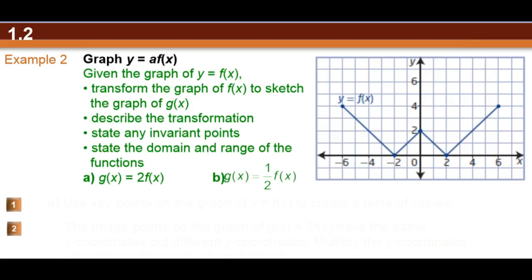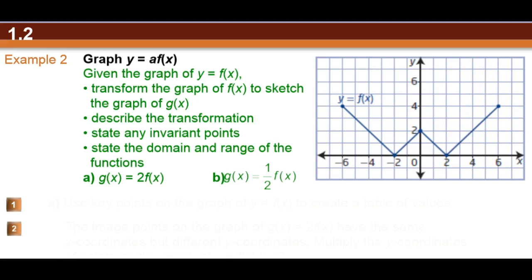This is the part that bothers me, I think, that the writing stays. Okay, so it says, given the graph, we have a graph of y equals f of x. We want to transform the graph of f of x to g of x, describe the transformation, state any invariant points, state the domain and range.